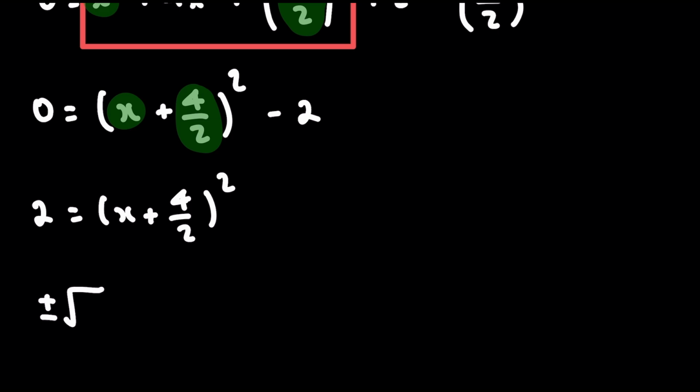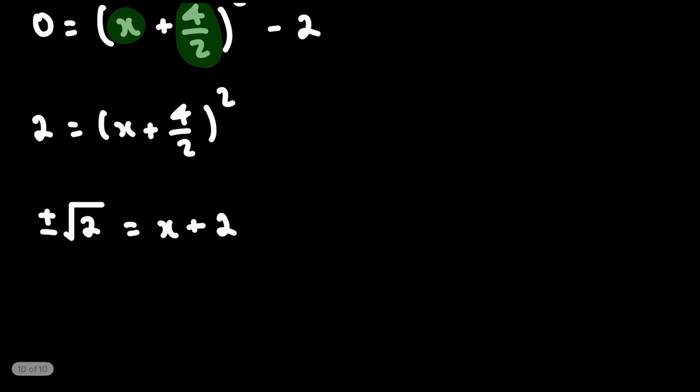Plus or minus the square root of 2 is the same as x plus 4 over 2, and 4 over 2 is 2. To solve for x, I minus 2 from both sides. So what I have left is x equals minus 2 plus or minus the square root of 2.